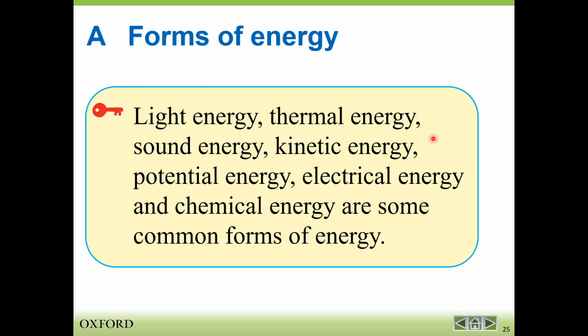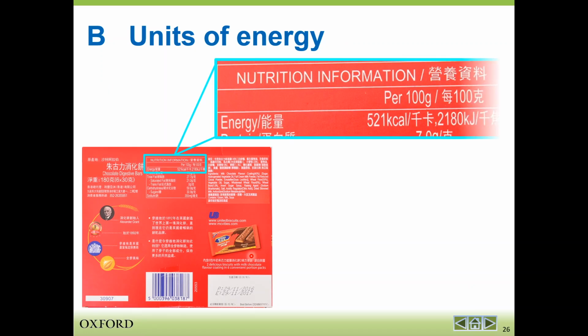So let's sum up the forms of energy. You have learned light energy, thermal energy, sound energy, kinetic energy, potential energy, electrical energy, and chemical energy. There are 7 forms of energy you've learned in this lesson. So what about the units of energy? There are 2 types of units of energy.